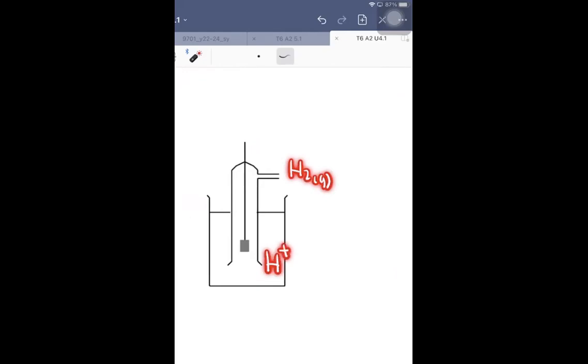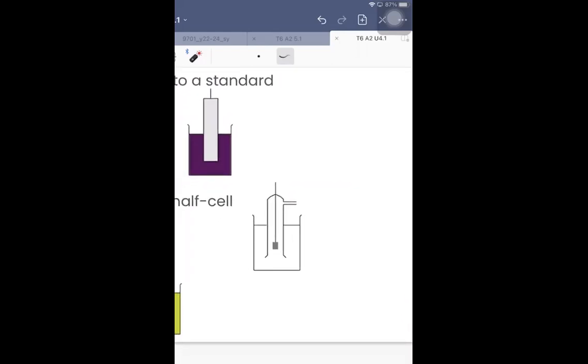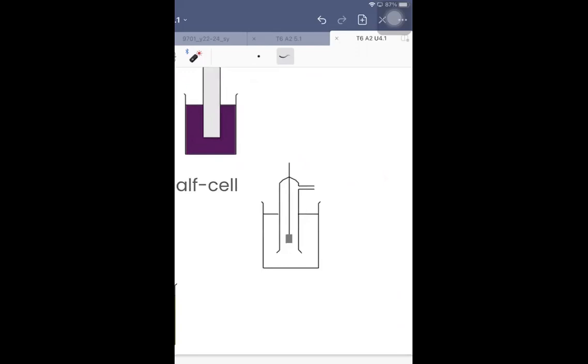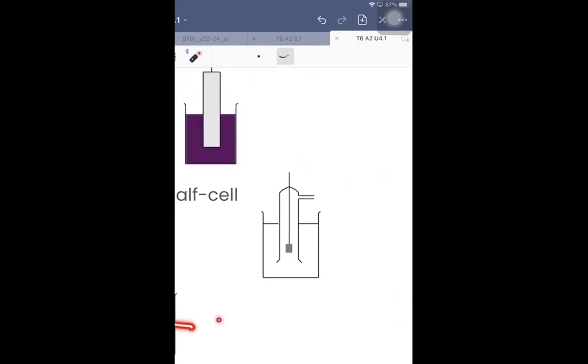Another example is chlorine gas, which is a non-metal, and the non-metal ion is Cl minus in aqueous state. The last one is the ion-ion half cell. An example is Fe2+ and Fe3+ type systems, such as copper plus and copper 2 plus. They can form an equilibrium system as well. Both of them are in the solution.